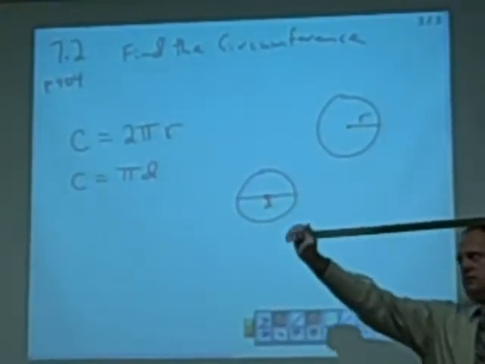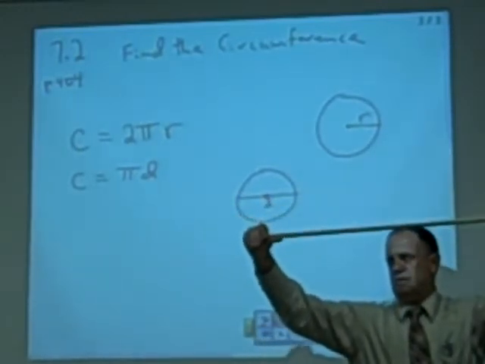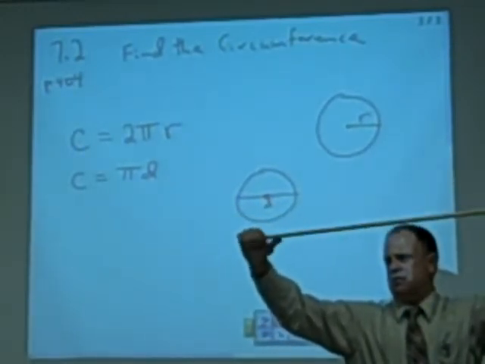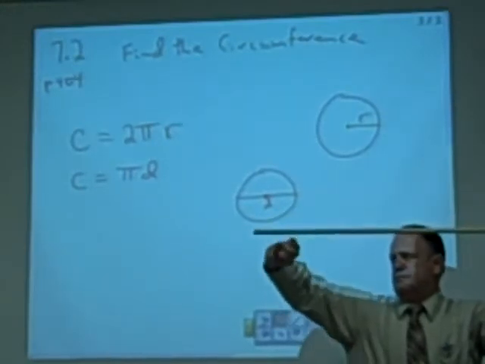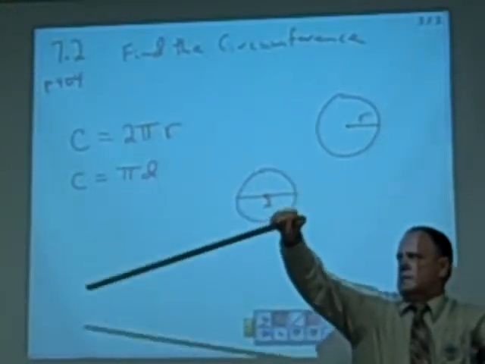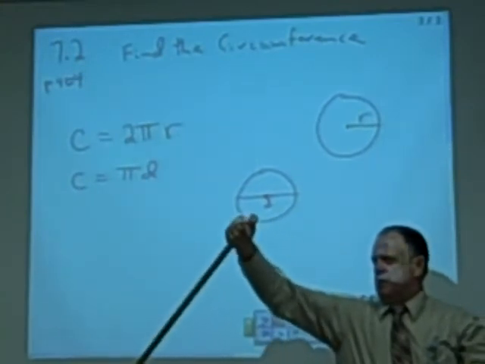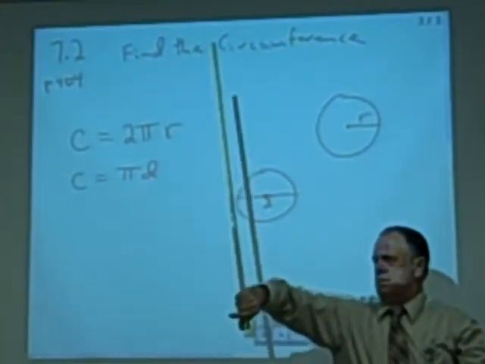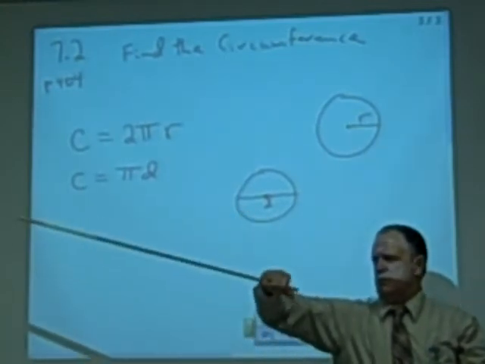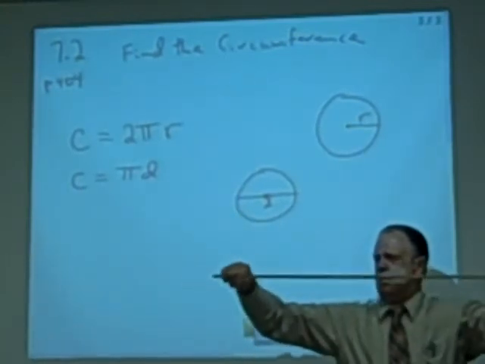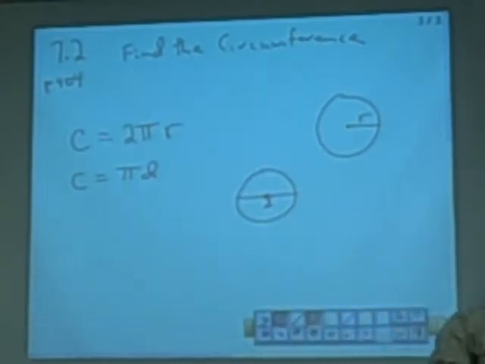So let's say this yardstick, or meter stick, is a radius, and my hand is the center of the circle. No matter where you're at on that circle, the radius is always going to be the same, from one side all the way to the other. So that's why the diameter is twice the radius. Alright?